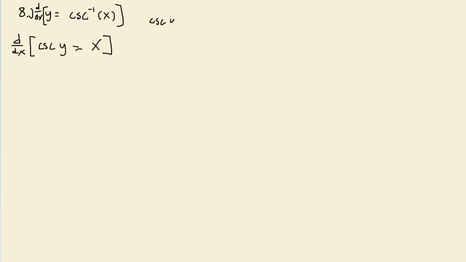Cosecant of y would be the same thing as sine of y to the power -1, and the derivative of that is going to be equal to -1 over sine squared y multiplied by the derivative of this inside function here. The derivative of sine of y with respect to y is going to be cosine of y.